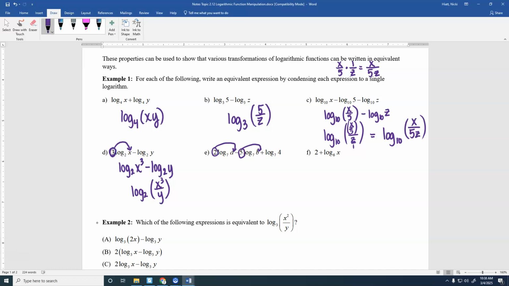If you take a negative 5, you're going to have negative exponents to deal with, which will still get you the right answer, but it's a little more cumbersome. So we've got log base 7 of a squared minus log base 7 of b to the 5th plus log base 7 of 4.